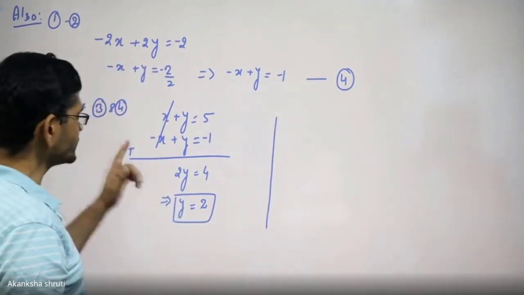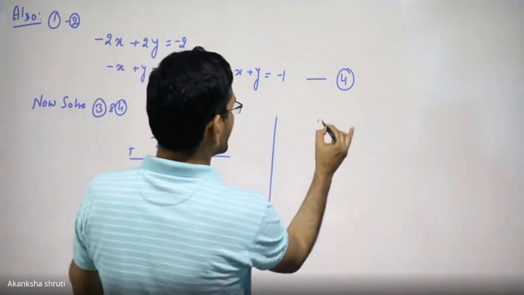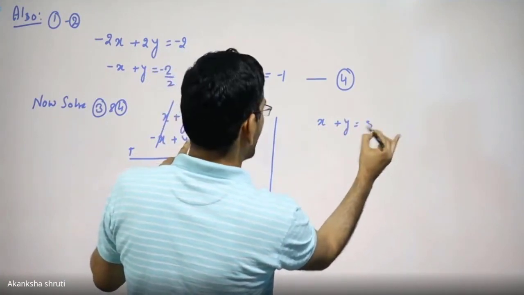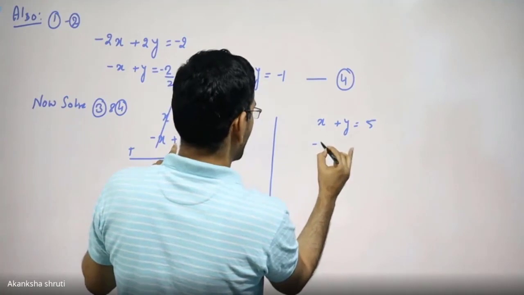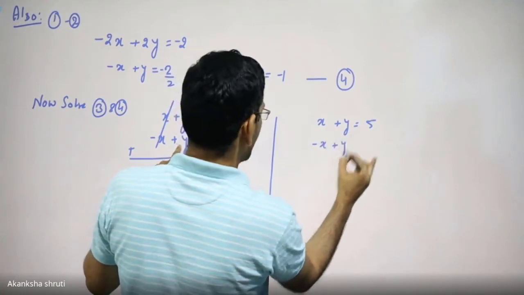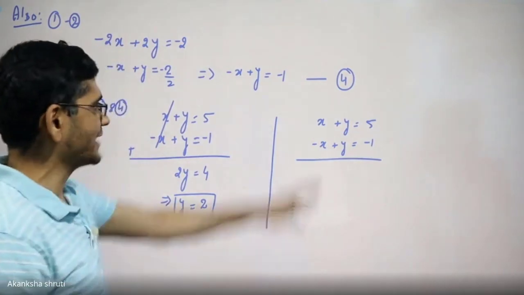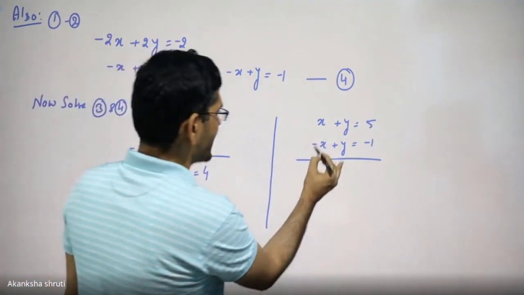Also for calculating the x, take the same equations, x plus y is equals to 5 and minus x plus y is equals to minus 1. This time we want to cancel this y, so we have to subtract this.